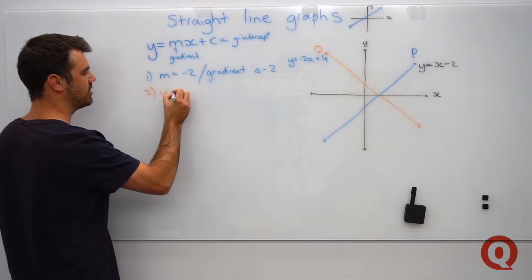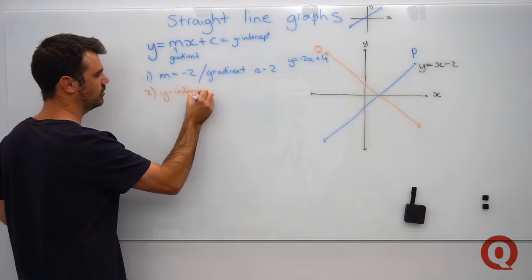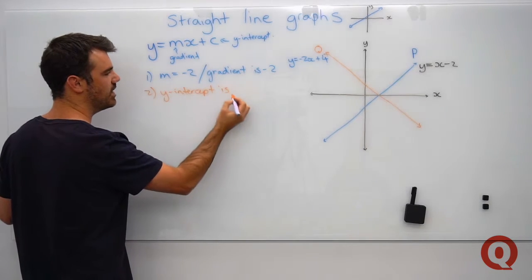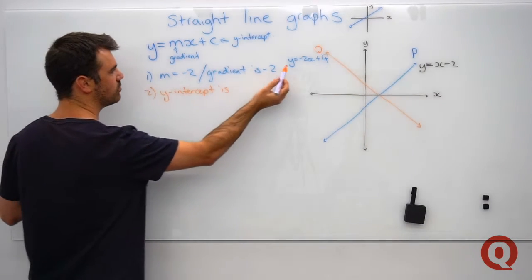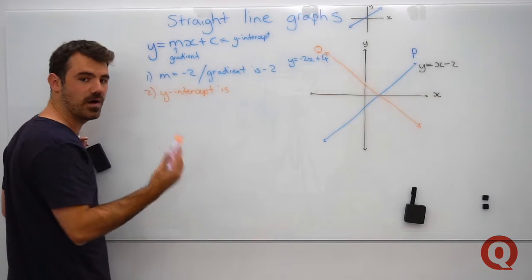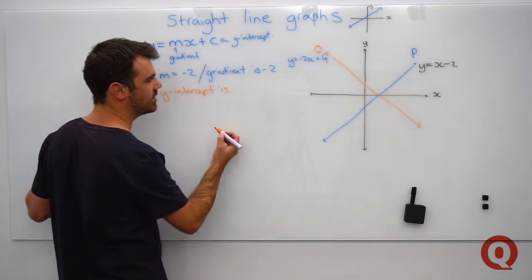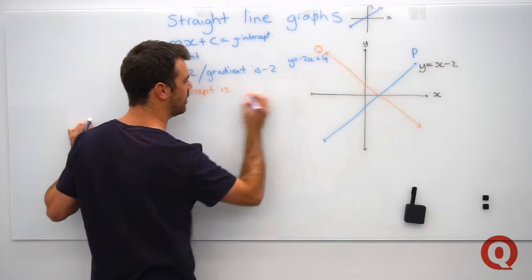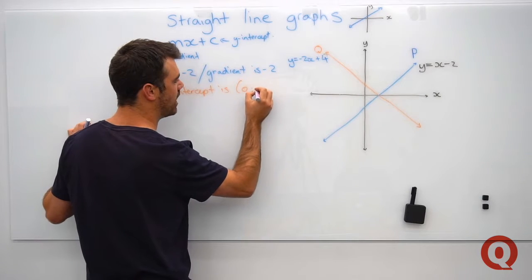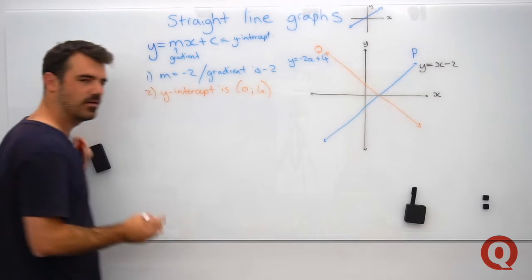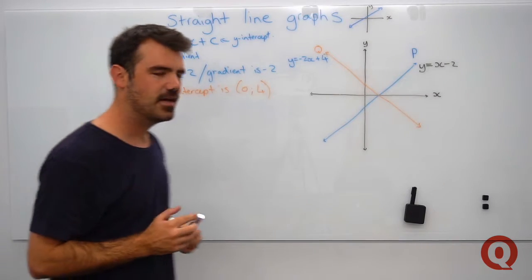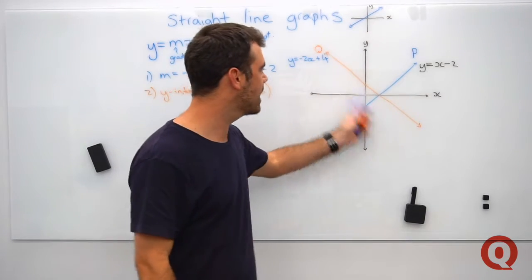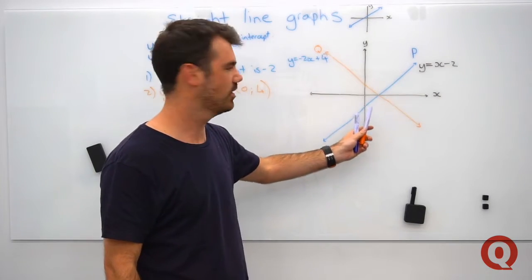So the y-intercept is not just 4, we can't just write 4 because they want to know what the y-intercept is. We have to say the y-intercept, which is a point on the graph, is going to be x is 0 and y is 4. Very important with that. If they ask you, where does it cut the axis of y?